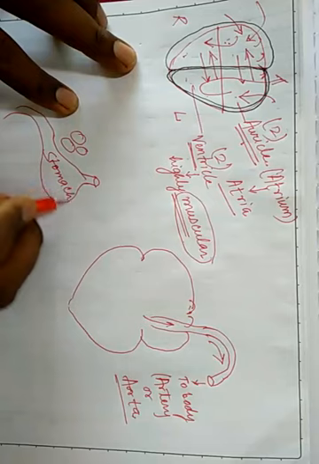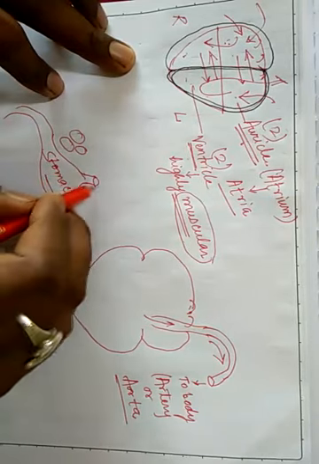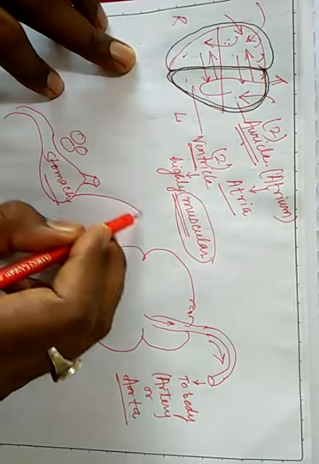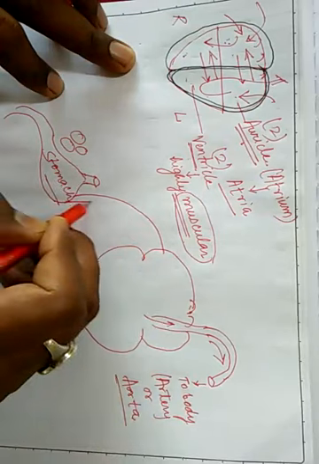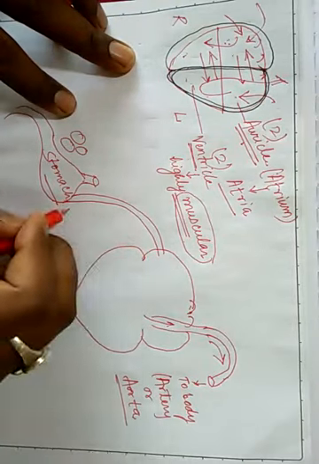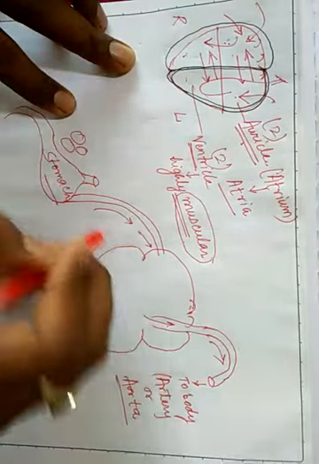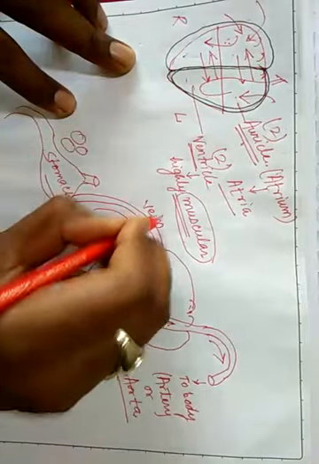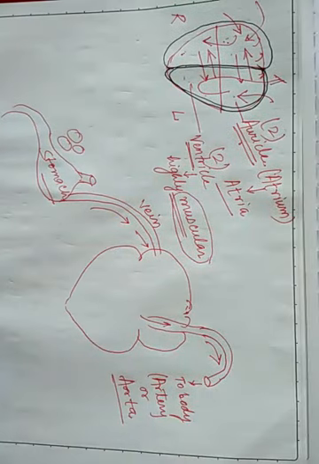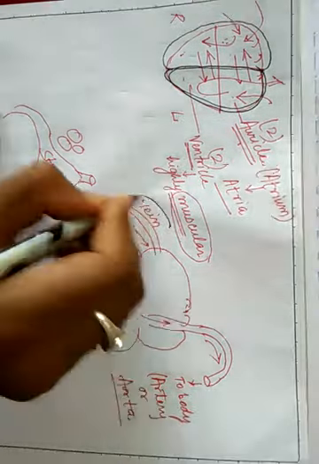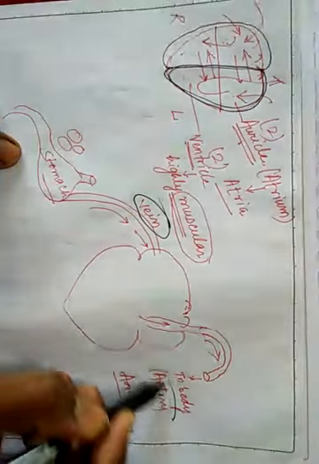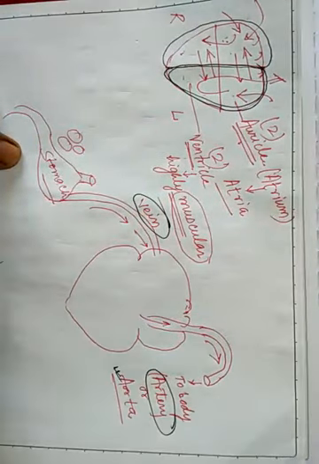I have drawn the stomach here, and from this stomach one blood vessel is connecting to the heart. Then it will always be called a vein. Listen carefully, we will always call this a vein.